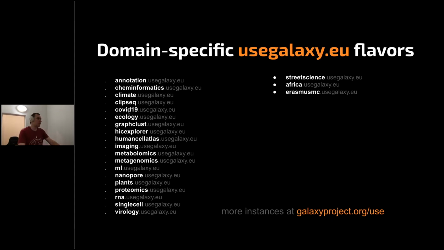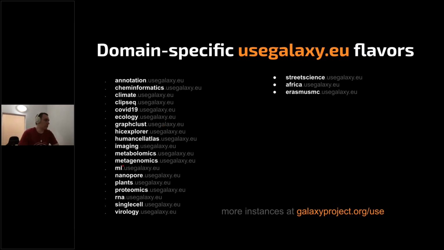So all these items that you can see at these bullet points are subdomains of one Galaxy, but they offer different set of tools depending on what topic they're focused.